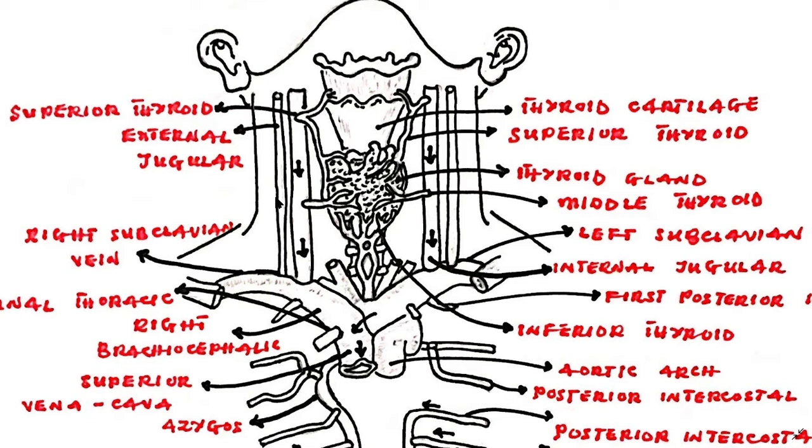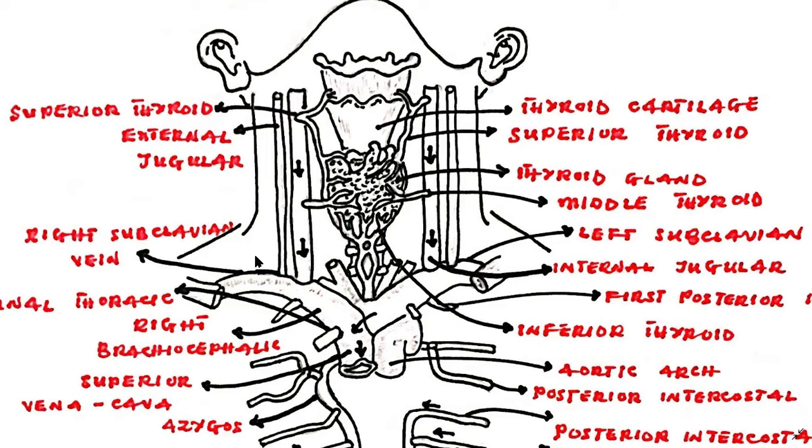Now the subclavian vein is a paired large vein, one on each side of the body. Their diameter is approximately that of the smallest finger. Each subclavian vein is a continuation of the axillary vein and runs from the outer border of the first rib to the medial border of the anterior scalene muscle.